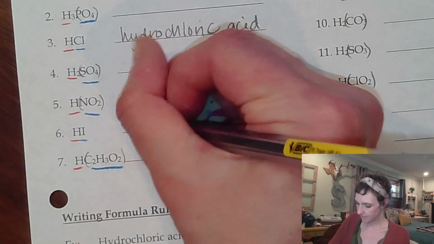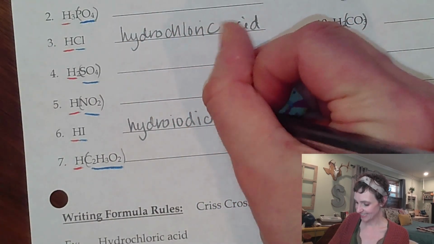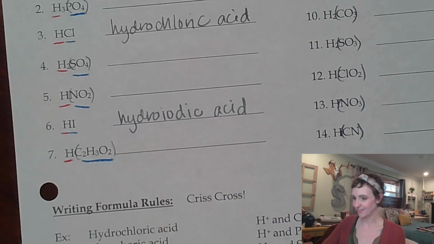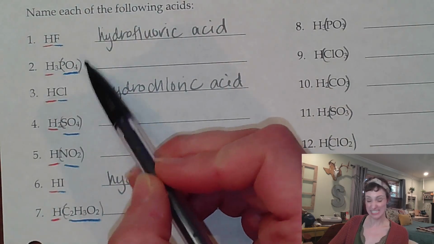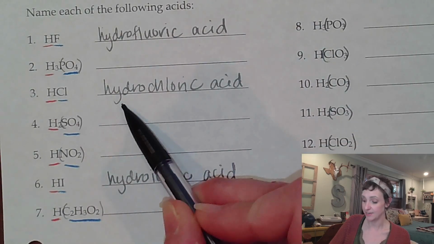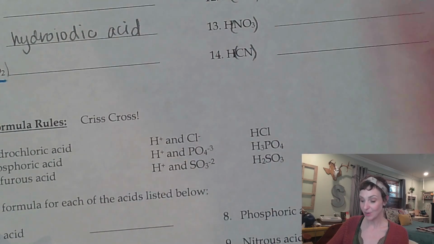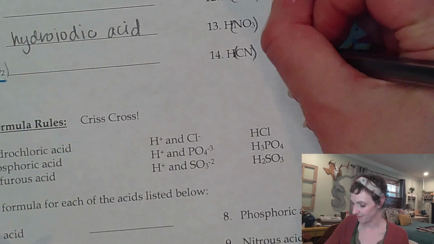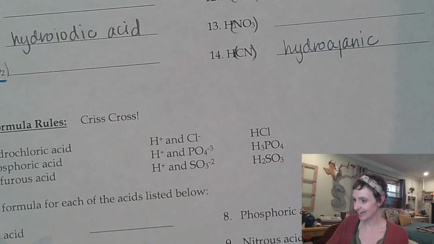Hydroiodic acid. A little bit one that's kind of freaky and weird, right? So looking at all this, every single one of these, if it's a single element from the periodic table, is hydro something ic acid. But I also see a cyanide on here. So we would call that hydrocyanic acid.